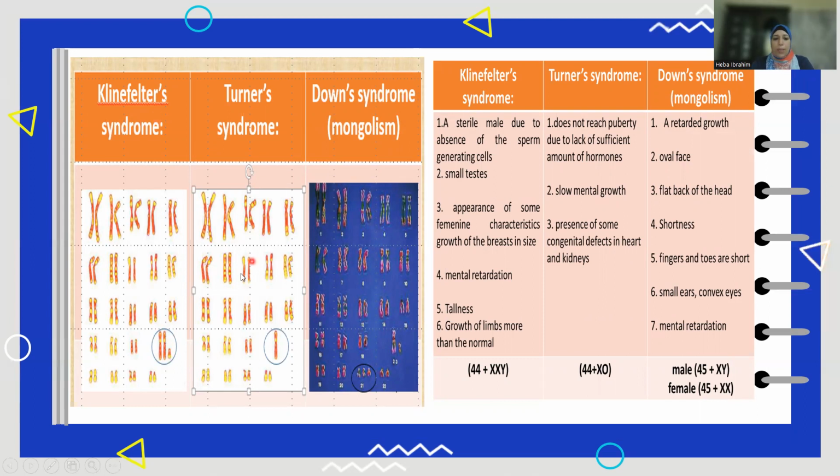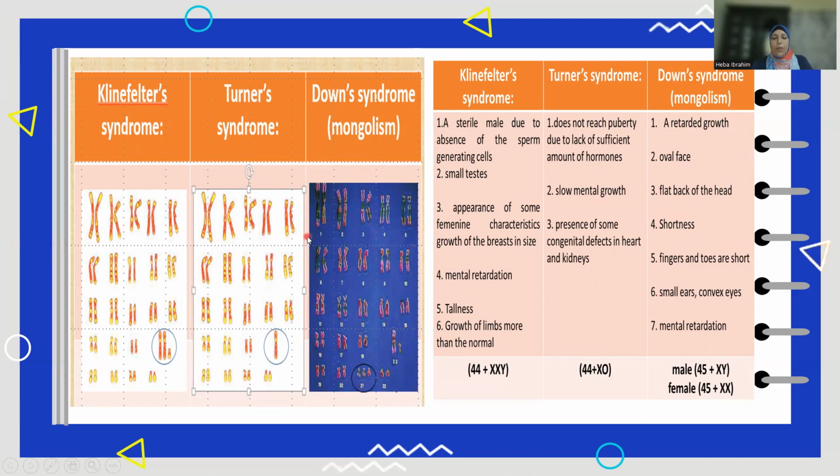Here, normal 22 pairs, but the last pair, the sex chromosomes or pair number 23, has only 1 X chromosome, so we are in front of Turner syndrome. What about Down syndrome? We have a normal male, XY, with normal sex chromosomes, but the defect is in chromosome number 21: 3 copies instead of 2.